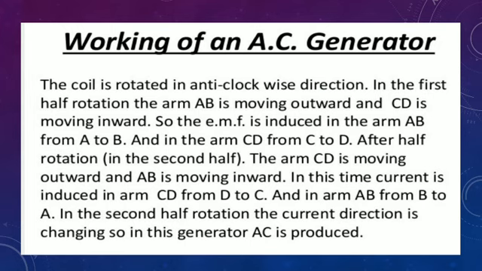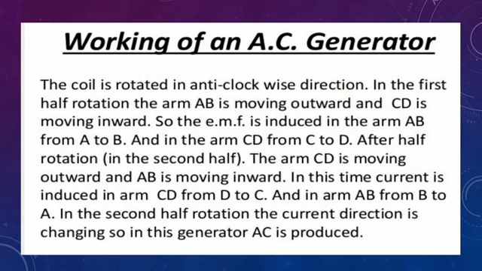Working of the AC generator. What is the working? See this, the coil is rotated in an anti-clockwise direction. In the first half rotation, arm AB is moving outwards and CD is moving inwards.